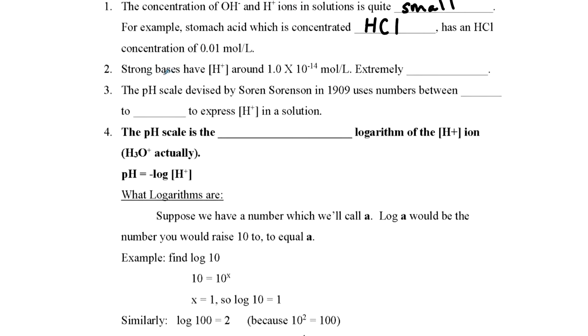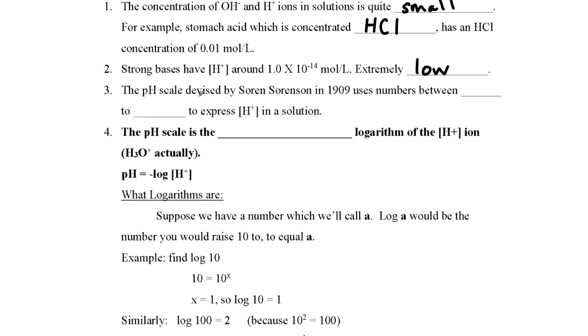Strong bases have an H plus ion concentration around 1 times 10 to the negative 14 mole per liter, which is extremely low, right? Because if they're a strong base, they're mainly the hydroxide ion, not the hydrogen ion.